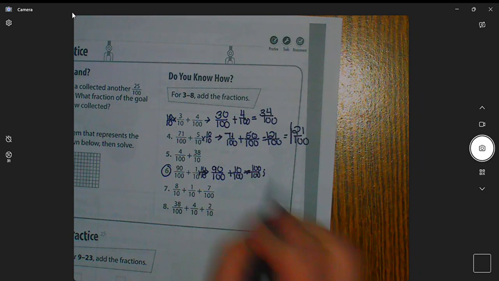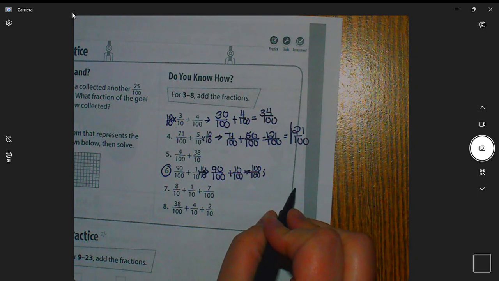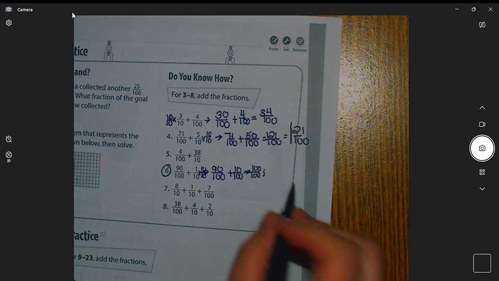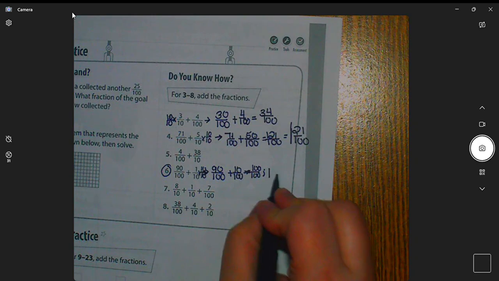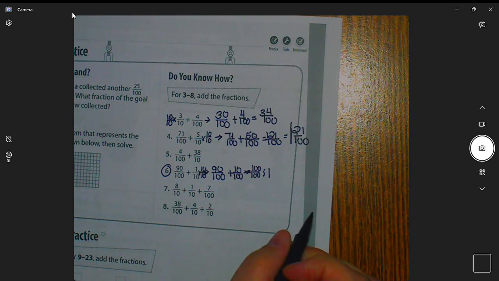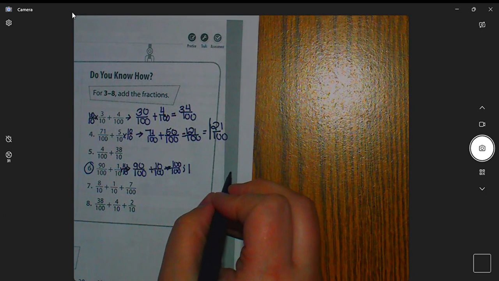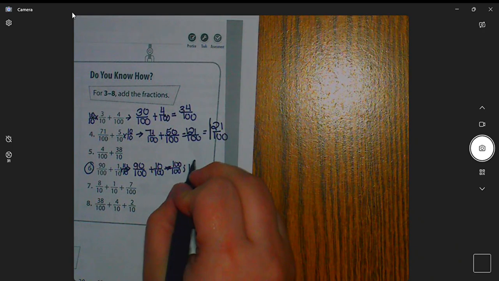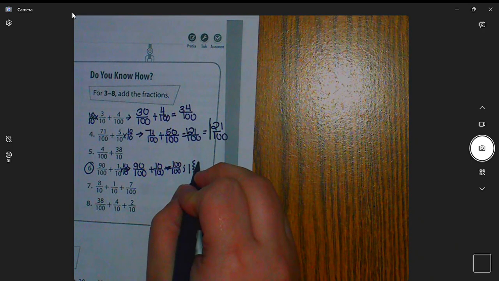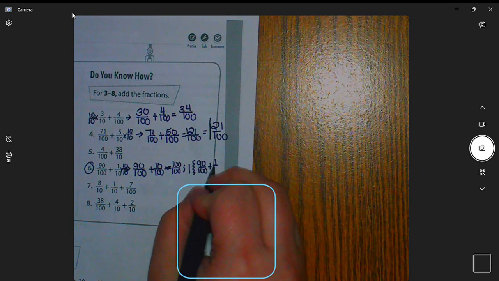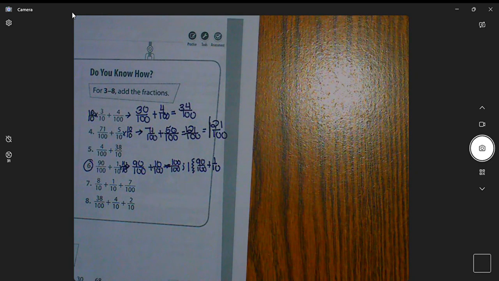Or what can I call that? 100 100ths tells me 1 whole. Now, you can also work this out as a tenth, and you're still going to get the same answer. So, I'm going to put a squiggle thinky line. 90 100ths plus 1/10. I can divide 90 and 100 by the same number. What number can I divide them by?